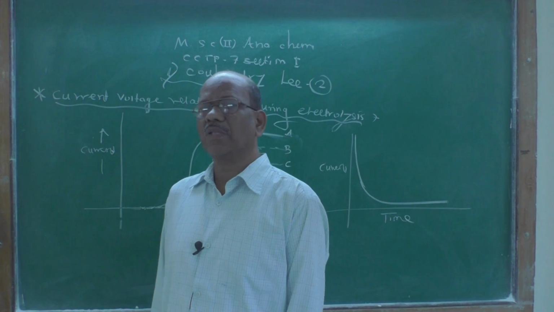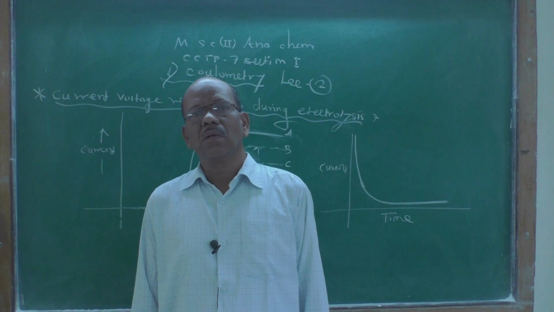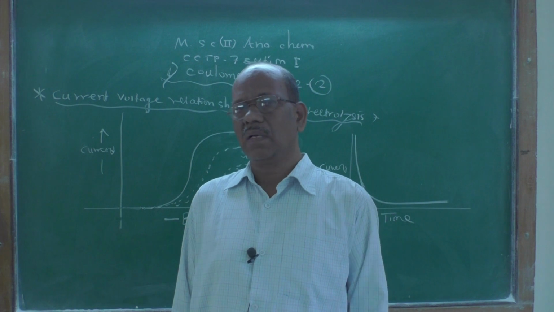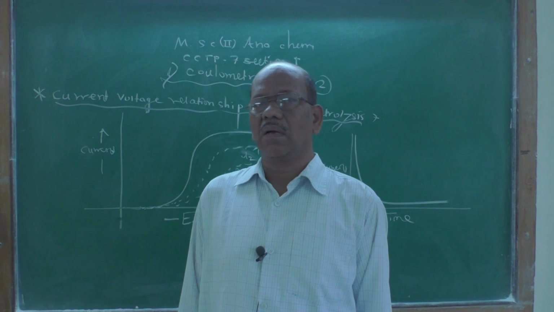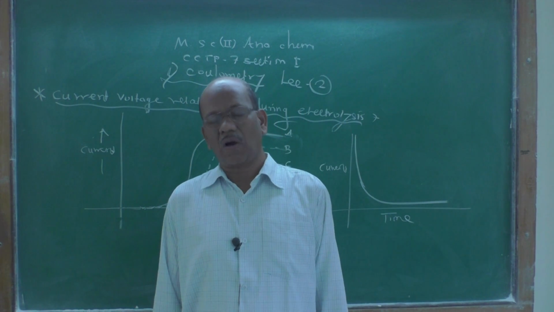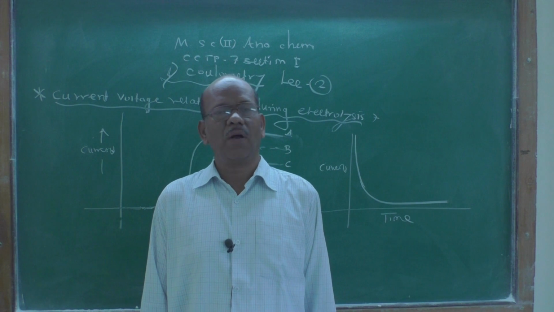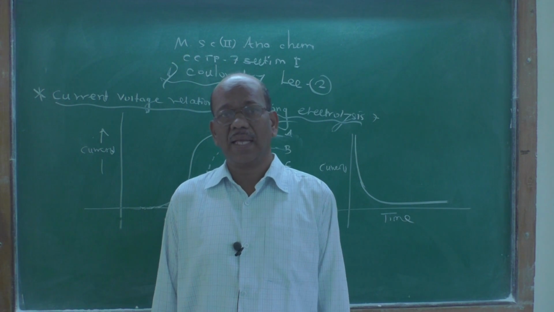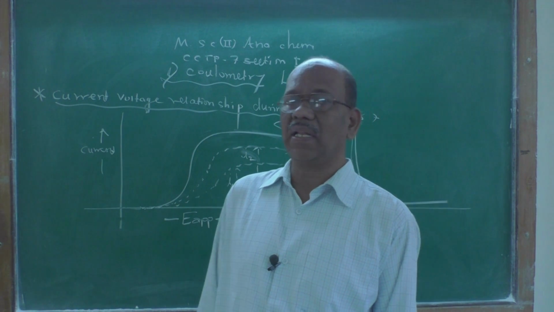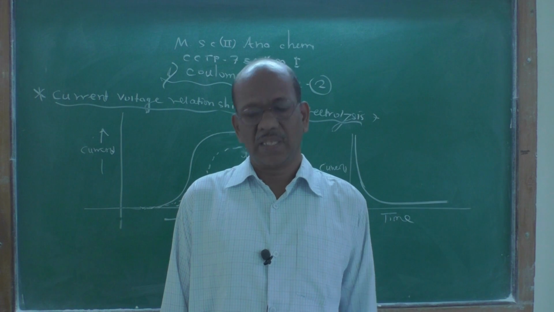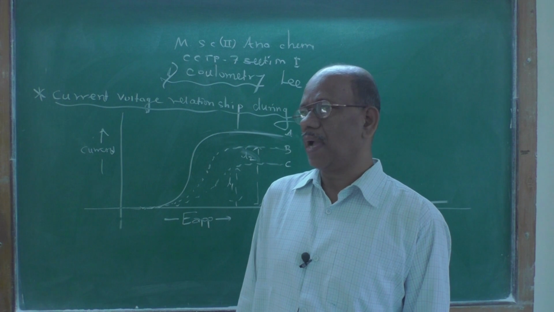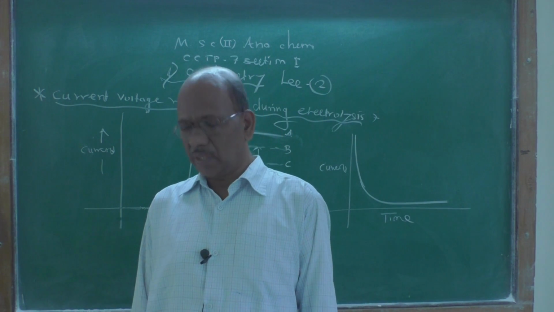If we consider two elements, copper and zinc, the chemical equivalent of zinc divided by the chemical equivalent of copper is equal to the atomic weight of zinc divided by the atomic weight of copper. So that is Faraday's second law. Mostly, coulometry is totally based on Faraday's first law, that W is equal to Wm multiplied by Q divided by N multiplied by 96,500.